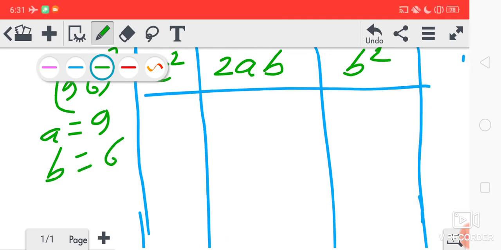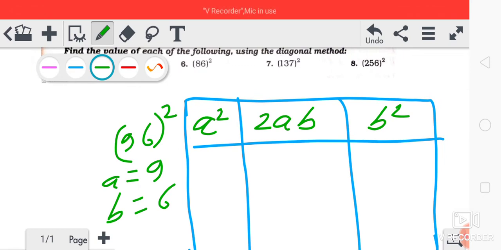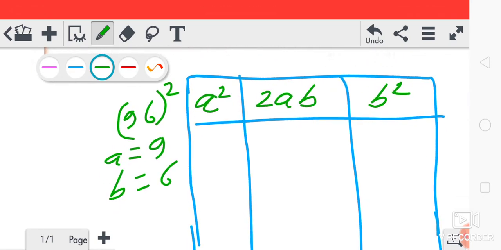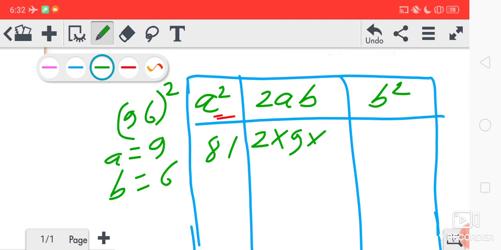Now a square, look here in the column, the first one a square. So a square means 9 square. So 9 square, how much will we get? 81. So 81 we have written here. Then 2ab: 2 into a is 9, so 9 into b is 6, so into 6.